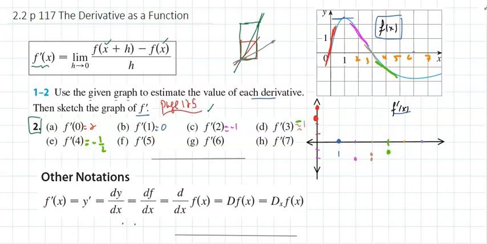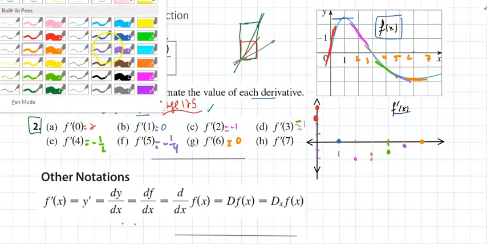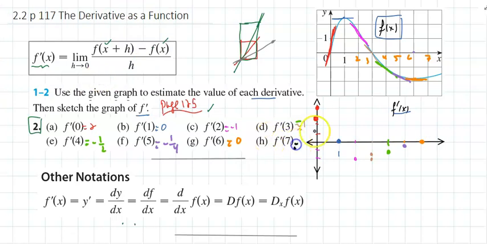And how about at 5? At 5, it's leveling off. This is maybe negative 1/4. And how about at 6? At 6, it looks like about a 0. And how about at 7? At 7, it looks to be maybe a half.